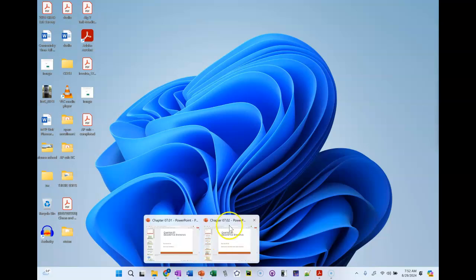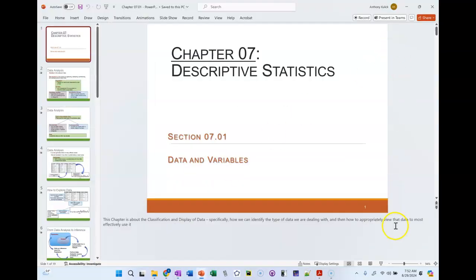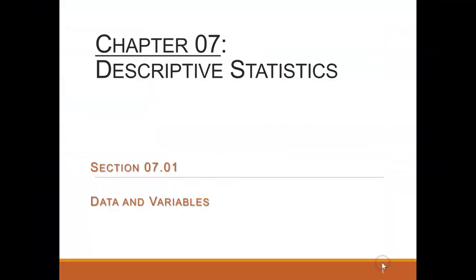All right, so today begins our journey into statistics. This will occupy the majority of the rest of first semester. So when we're doing these statistics, definitions are going to be very important.